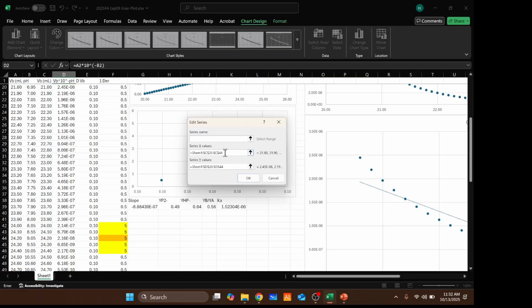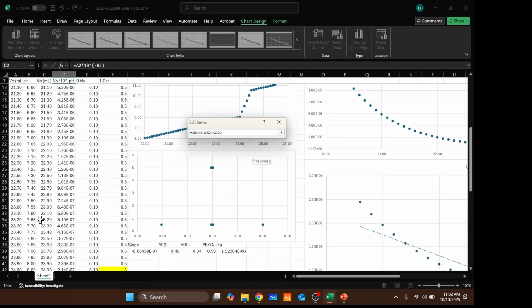The last value is typically correct because that's the one that's going to be your equivalence point value here. And then these values are usually the ones you have to change. So you just go 21 instead of 20, or whatever you need to change it to. If you click this, you can actually select it using the sheet.